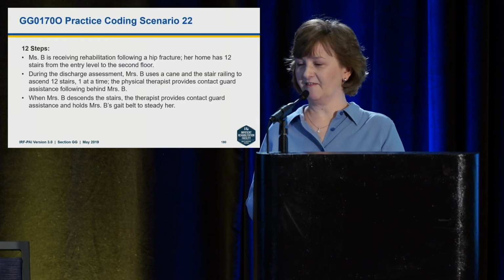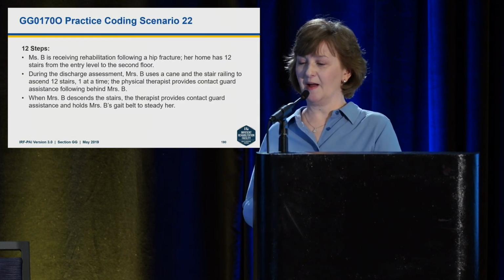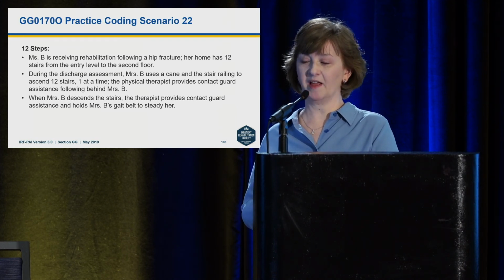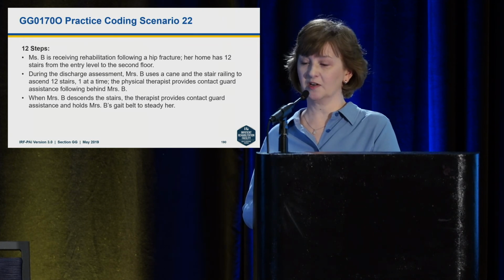Okay, so we do have a scenario here. Ms. B is receiving rehabilitation following a hip fracture. Her home has 12 steps from the entry level to the 2nd floor. During the discharge assessment, Ms. B uses a cane and the stair railing to ascend 12 steps, one at a time.